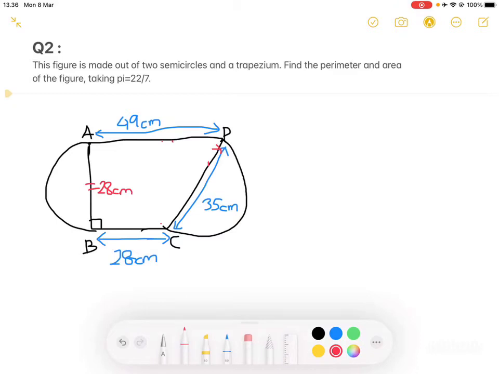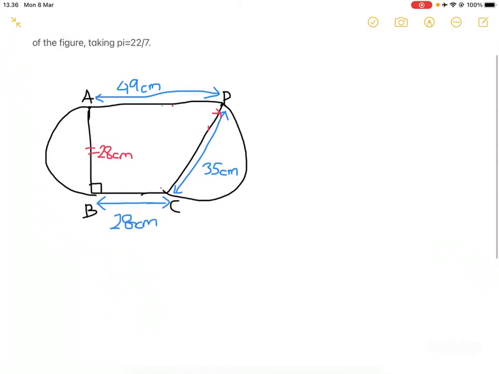And from here, we can quickly find the perimeter.